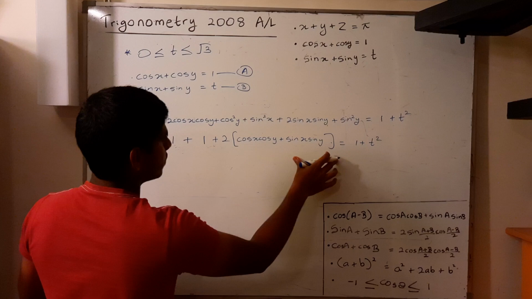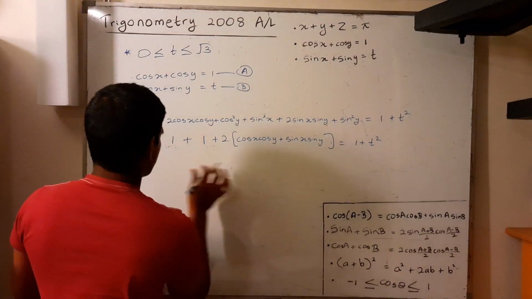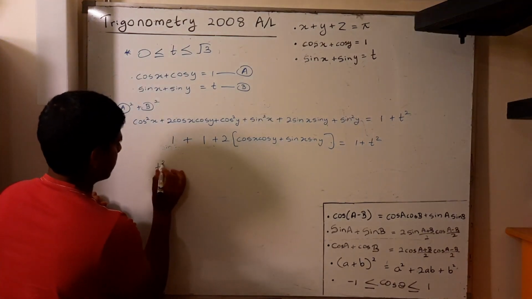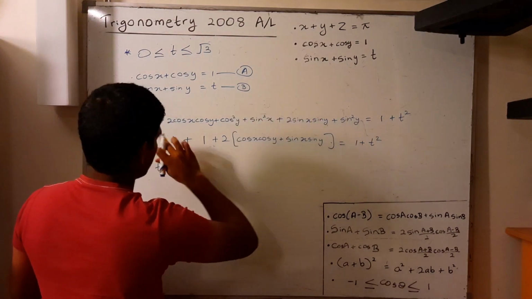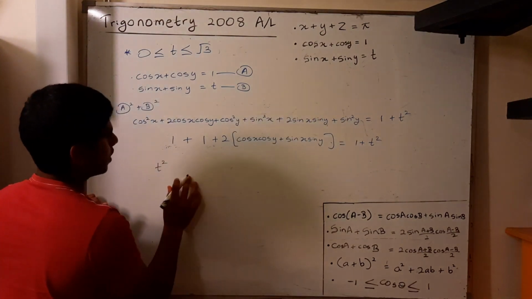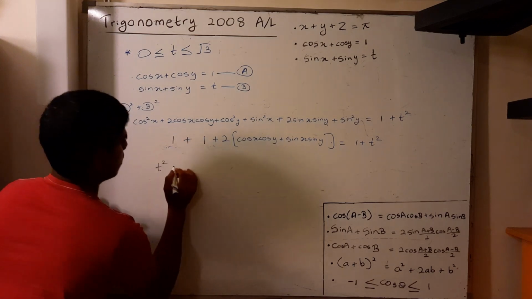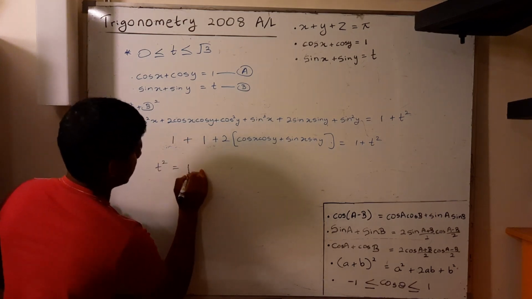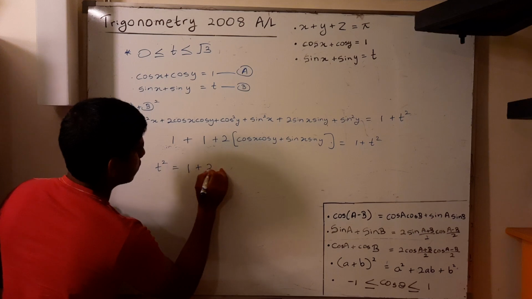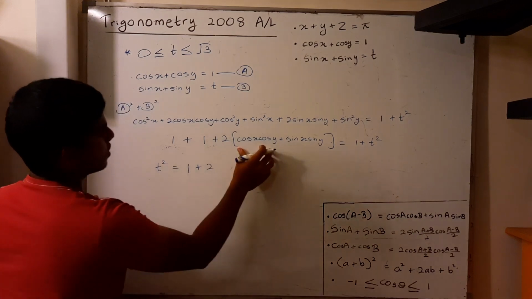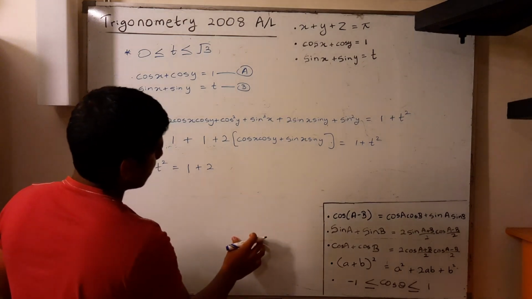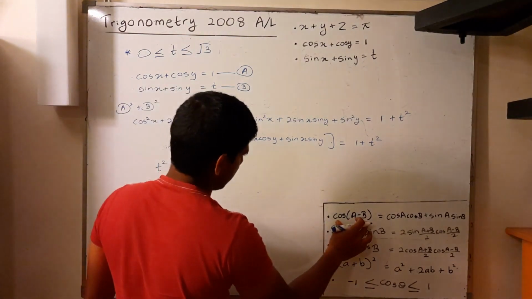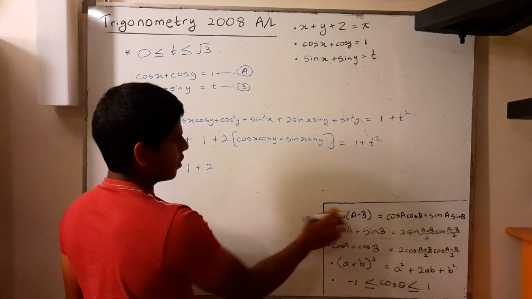My objective is to find t squared. So I am going to take t squared to this side, and as you can see, when this 1 goes to the other side, it gets cancelled out with one of these 1s. So then just one is left over here. So it becomes 1 plus 2, and as you can see, cos x cos y plus sin x sin y is what you get through cos(a - b), as written here.